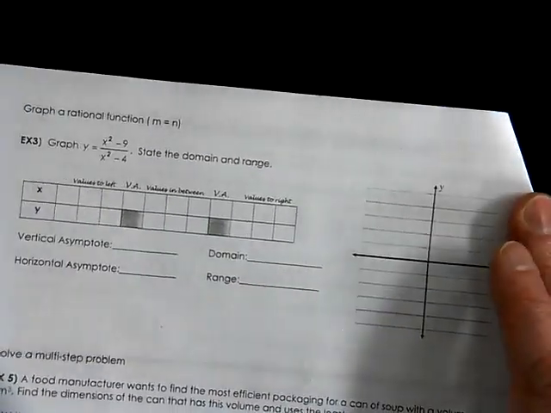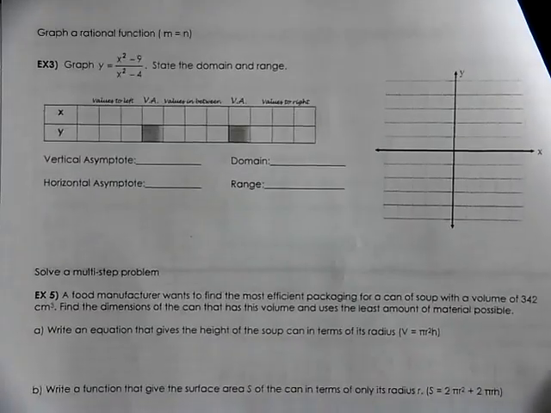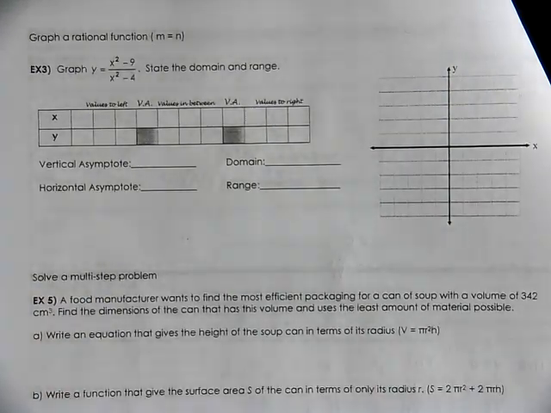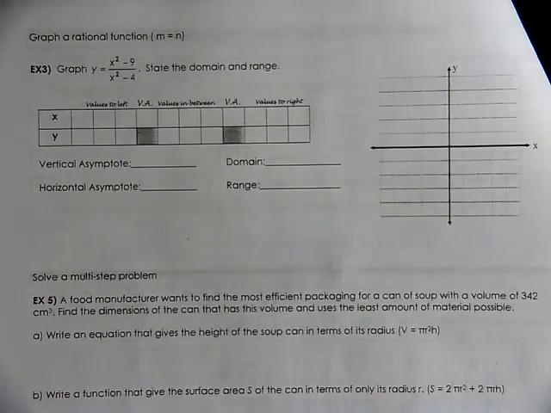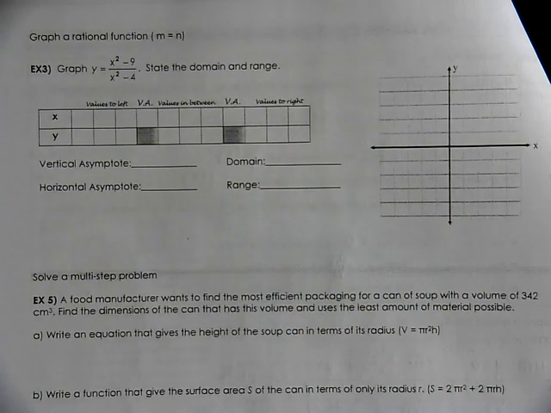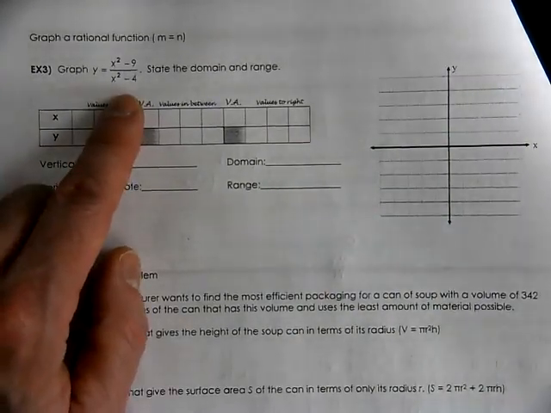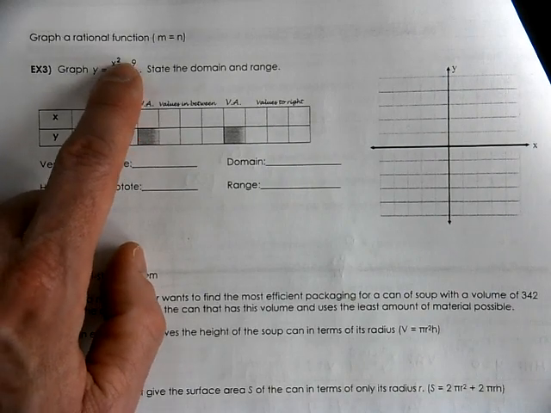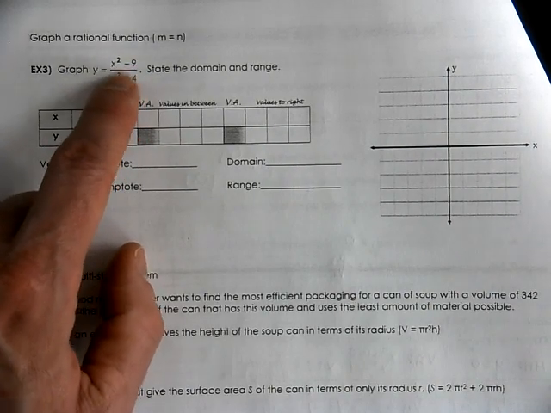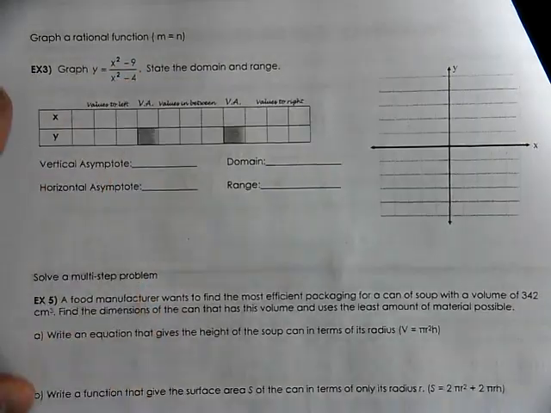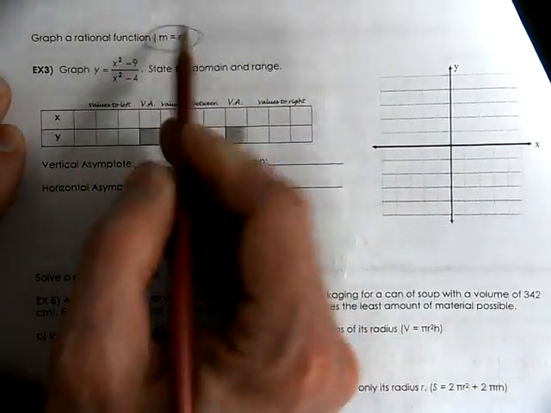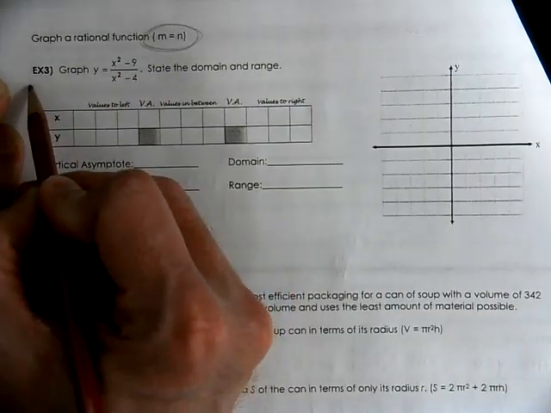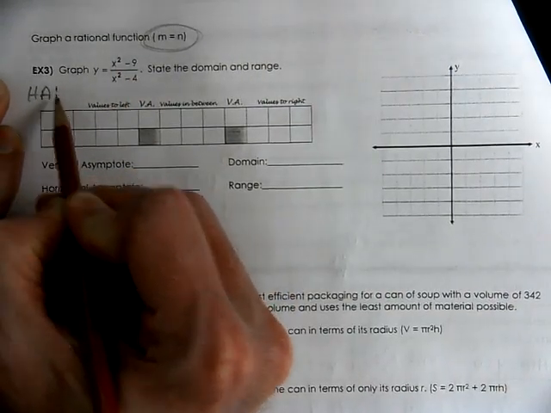All right, and here's the toughie. What do you see that's different about this one? We wouldn't consider this h's and k's. No. Here we have degrees the same for the top and the bottom. So the m is equaling the n in this case. So we use the leading coefficient for the horizontal asymptote.